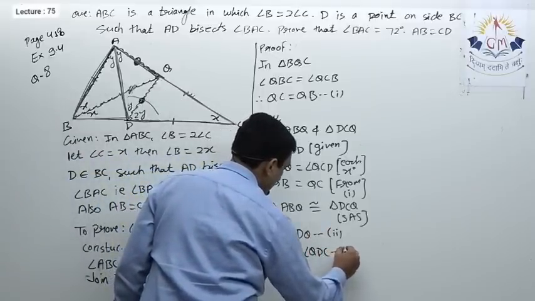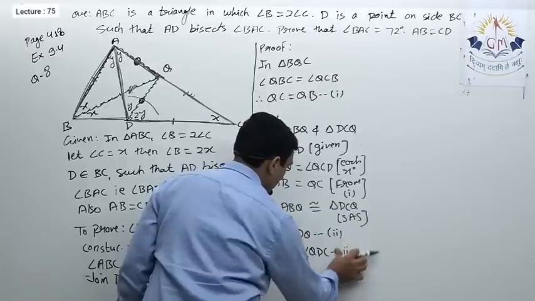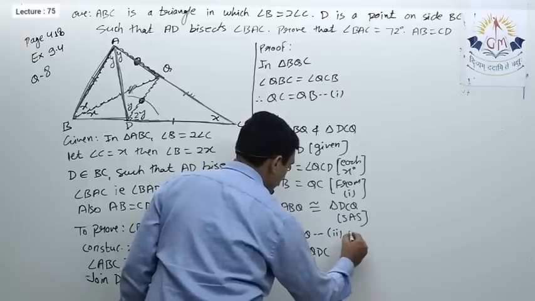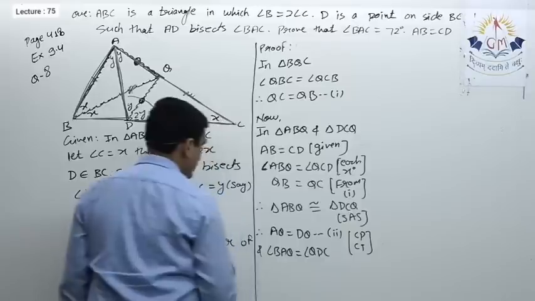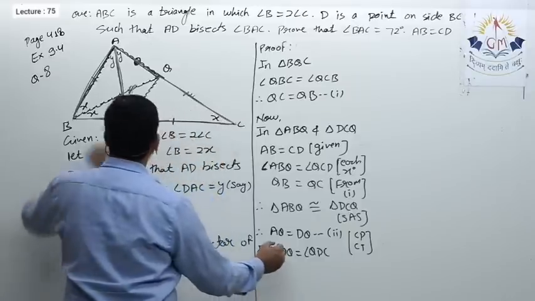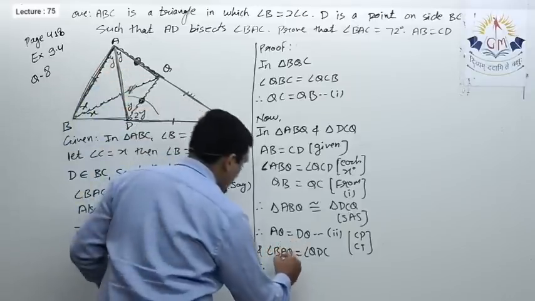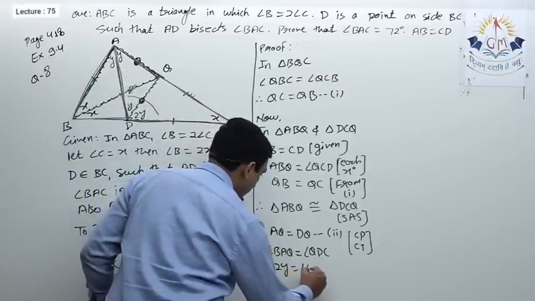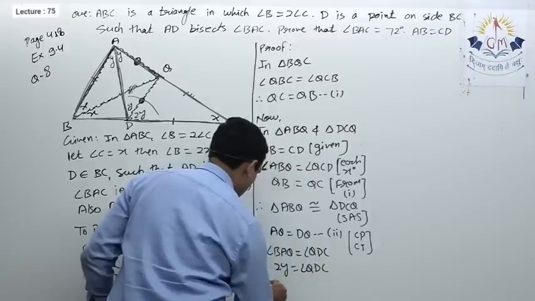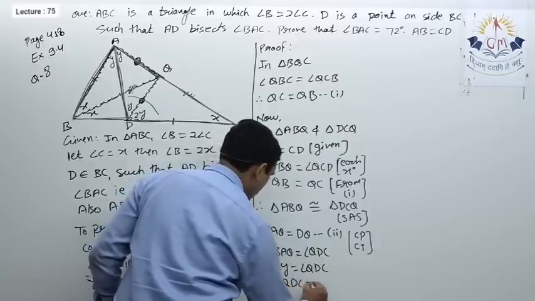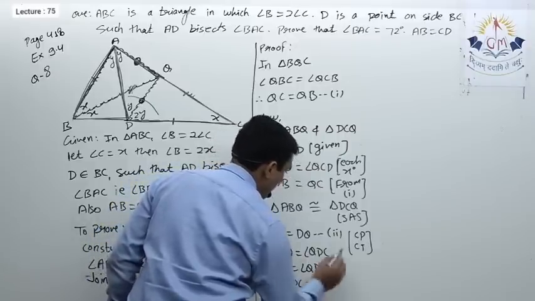Let it be third, by CPCT. Now BAQ is 2y, so 2y is equal to angle QDC. Therefore angle QDC is equal to 2y.